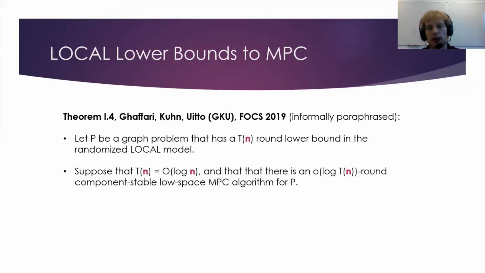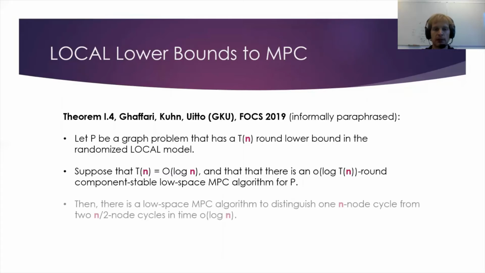And then if we can do better than log of this in low space MPC, so better than we could do by graph exponentiation, then we can solve a problem that's assumed to be very difficult in MPC, which is this connectivity problem of distinguishing a single n-node cycle from 2 different n/2-node cycles in less than logarithmic time. People spent a lot of time trying to solve this when MPC first came about, and they didn't solve it. And for that reason, it's conjectured to be hard. It's conjectured that you can't solve it quicker than log n.